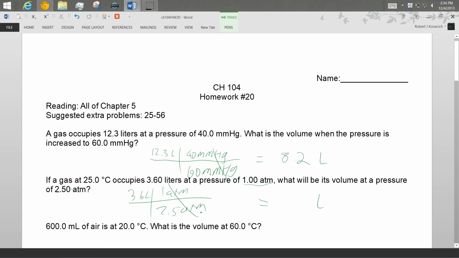Why did I put the 1 on top? I need the liters to go down because I apply a greater pressure, so then the thing should get smaller. And what do we get here? 1.44. Sounds good. Okay.